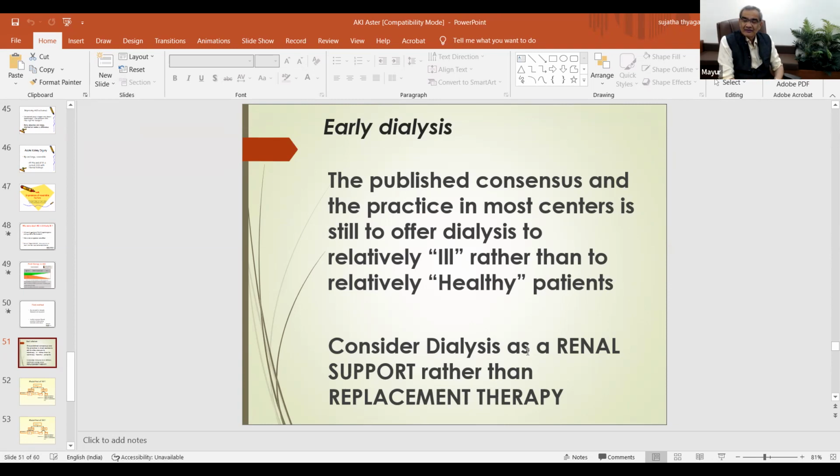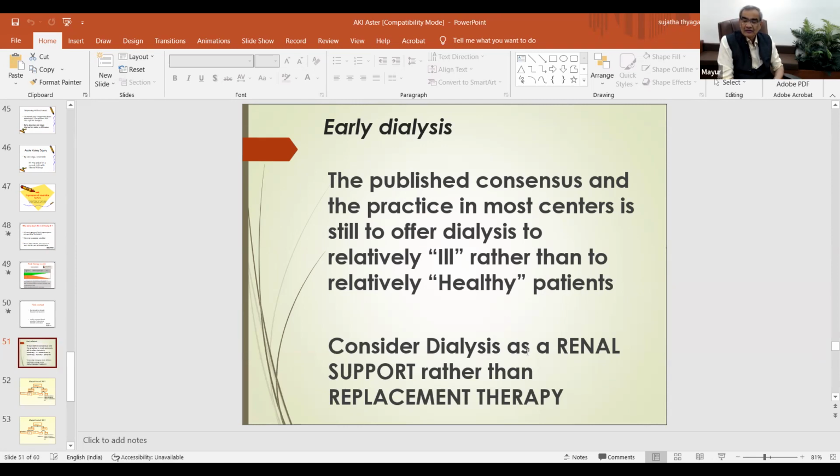We should be very aggressive and dynamic in terms of initiation of early dialysis. And we expand the scope of the indications for dialysis, not just for uremic toxin removal, but also to treat fluid overload, to treat other complications, to preserve renal function, and to preserve other organs.